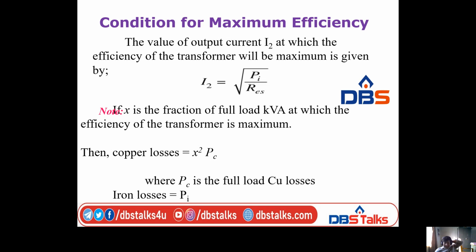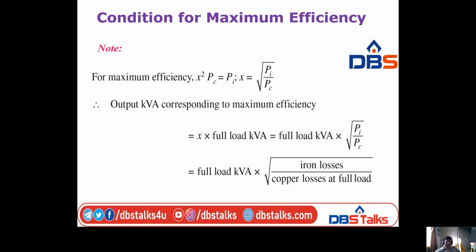Suppose X is the fraction of the full load kVA at which the efficiency of the transformer is maximum. So copper loss is equal to X square Pc, where Pc is the full load copper loss, and iron loss is Pi. Therefore X square Pc is equal to Pi, so X is equal to the square root of Pi by Pc.